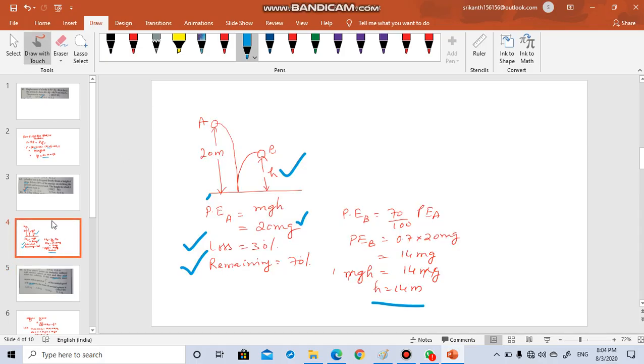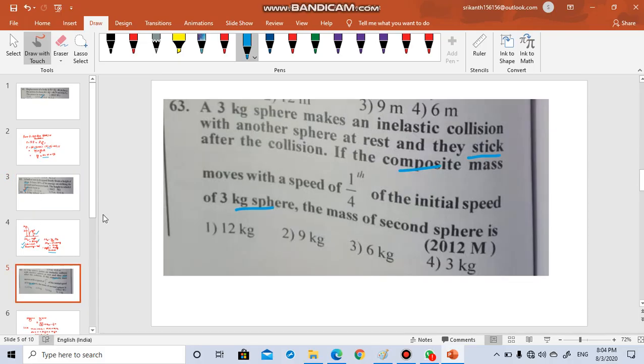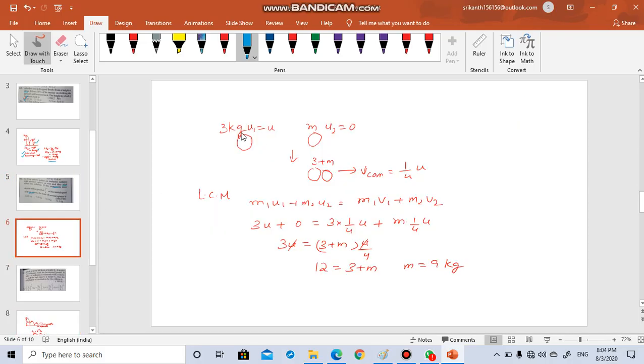Situation is like this. Okay, there is a 3 kg mass. Okay, there is an unknown mass m. Now this mass is at rest, whereas this mass is moving in this direction, let us say with speed u.